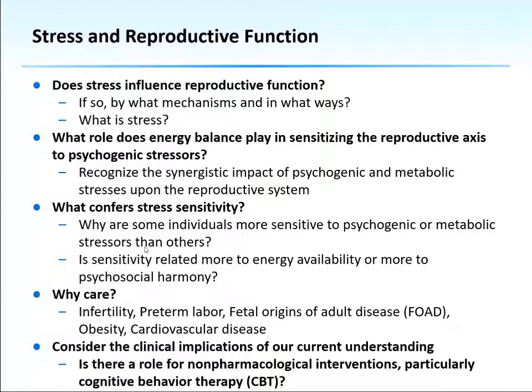But we also understand that stressors can actually lead to preterm labor and may play a role in the fetal origins of adult disease and obesity and cardiovascular disease. And so the question is, if stressors are thought to inhibit or suppress GnRH and lead to either anovulation, amenorrhea, or just unexplained infertility, 1, how would we identify that? And 2, what would we do about it?